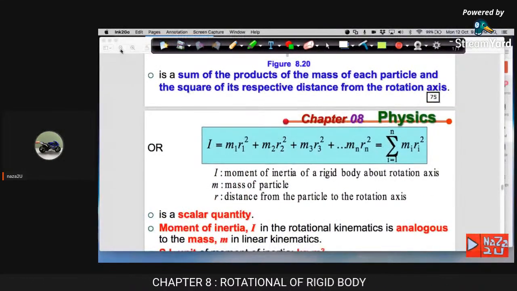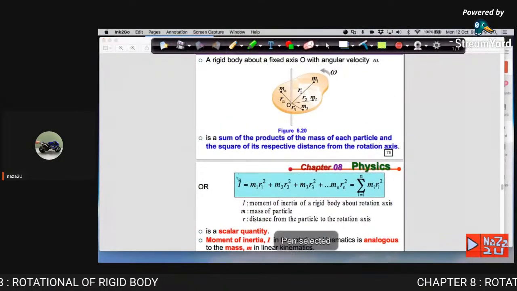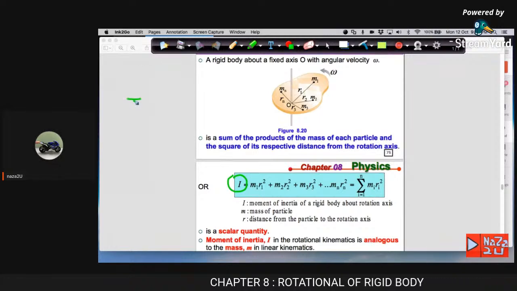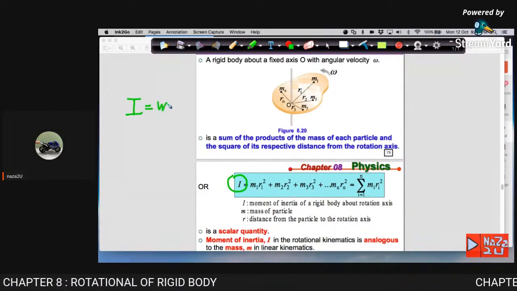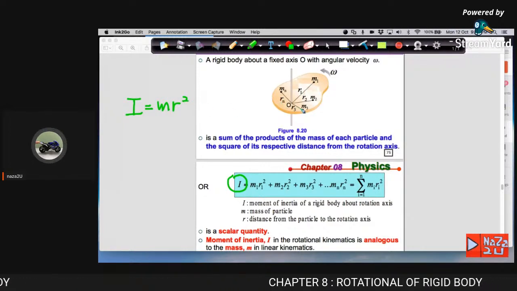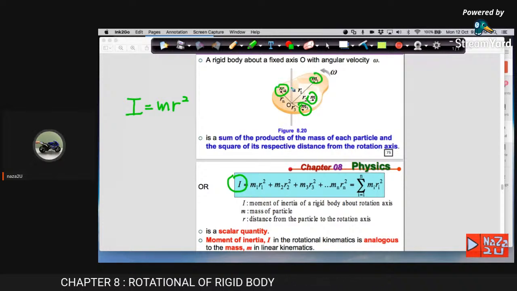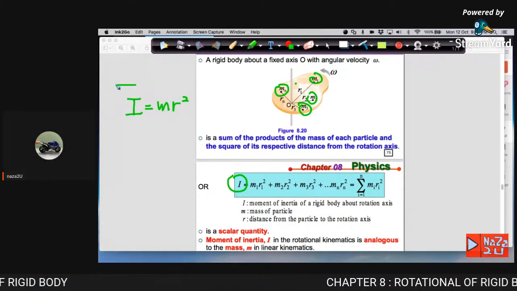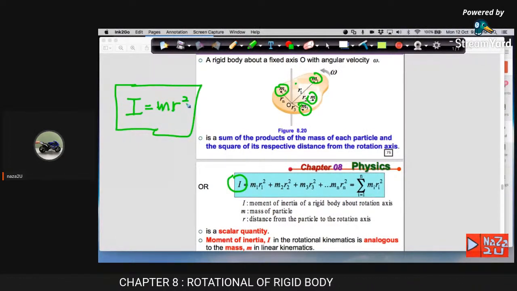Moment inertia digambarkan sebagai I. I adalah mass times R square. But kita ada banyak mass. Kita ada M3, M2, M1, Mn, banyak lagi mass. Jadi kita kena total semua. Yang penting, moment inertia is a mass times radius R square.